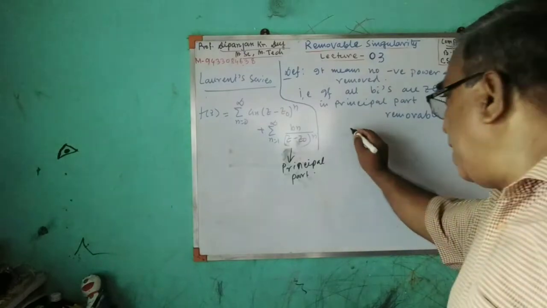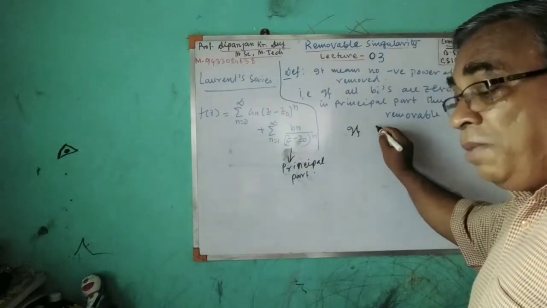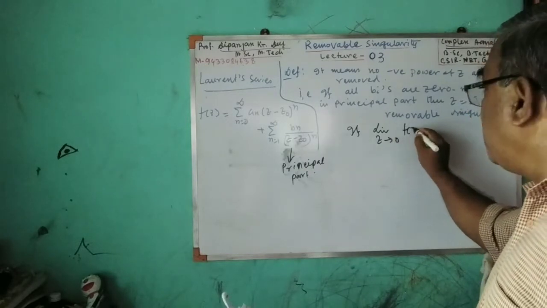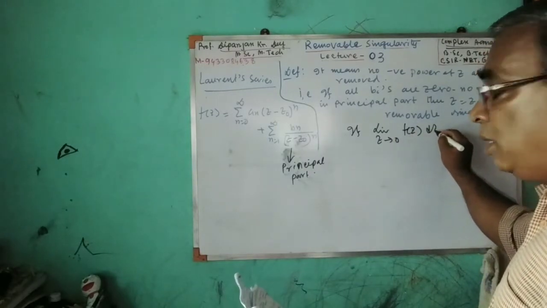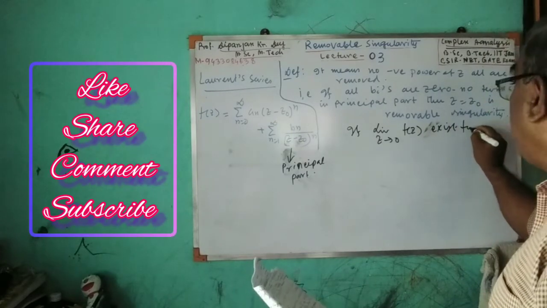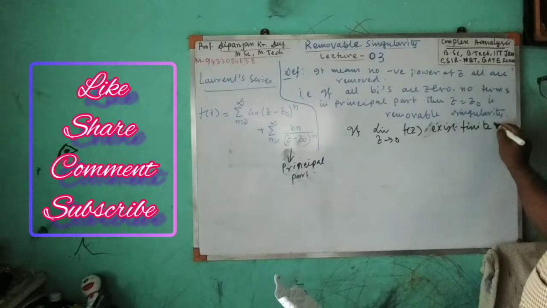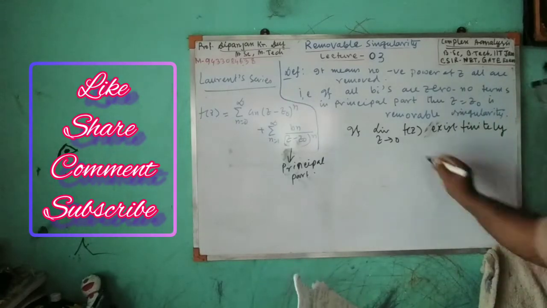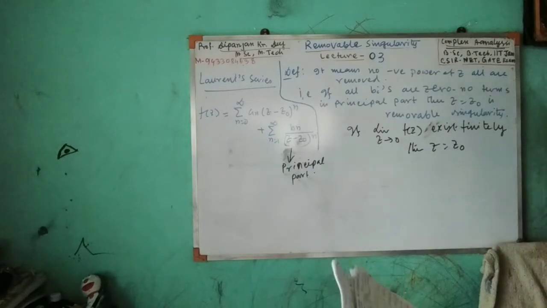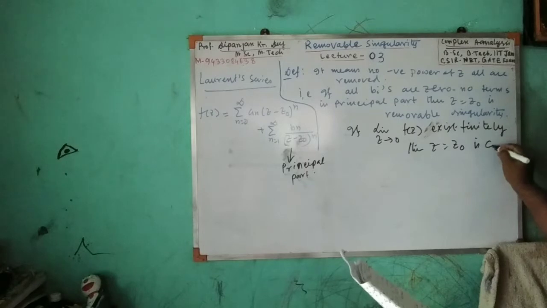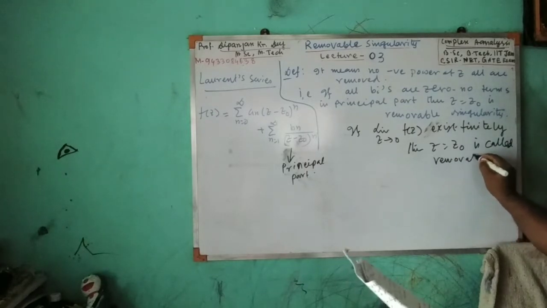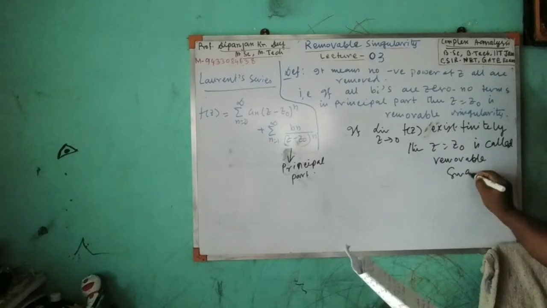Another definition I am writing: if the limit as z tends to z0 of f(z) exists finitely, then z equal to z0 is called a removable singularity.